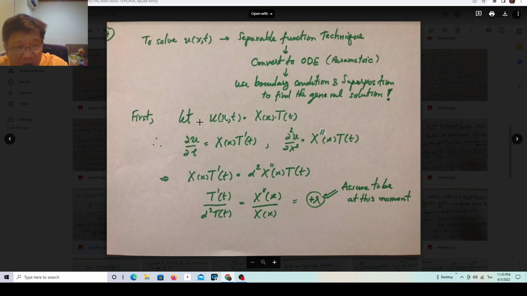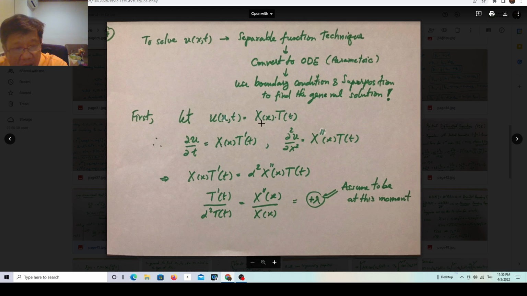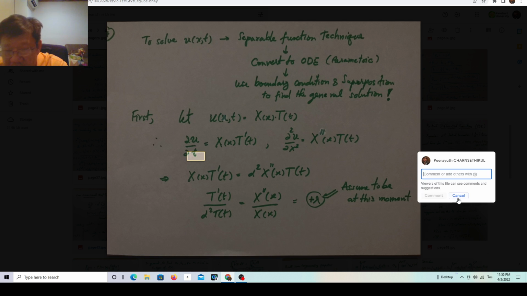So after this, if you replace u by u of x,t, and then replace u of x,t by these two separable functions in multiplicative form, it's obvious that you're going to get this result. Therefore, the partial derivative of u with respect to t: the function that relies on x becomes a constant, because it's not the domain t that you are looking at for the rate of change.